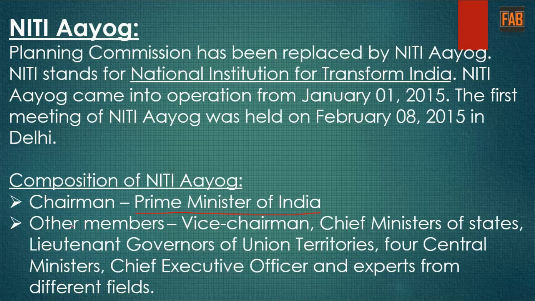And apart from the Prime Minister, there are other members: the Vice Chairman, the Chief Ministers of States, Lieutenant Governors of Union Territories, and 4 Central Ministers from the Central Cabinet. Then the Chief Executive Officer, and there are certain experts from different fields.